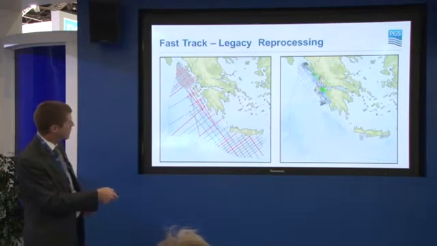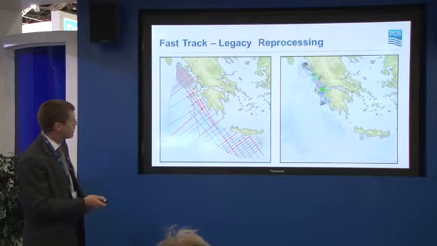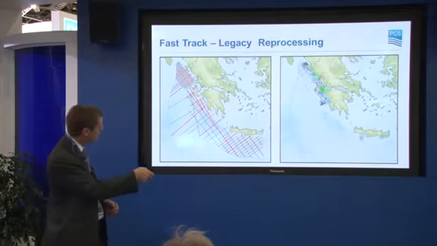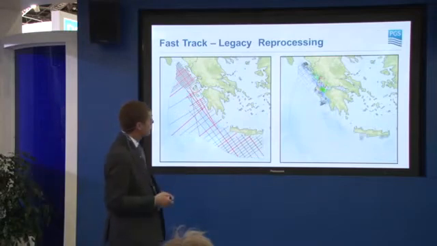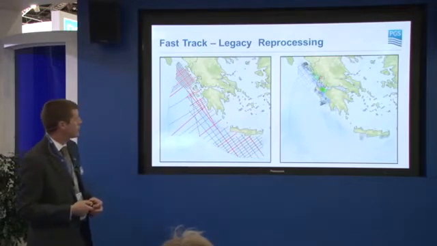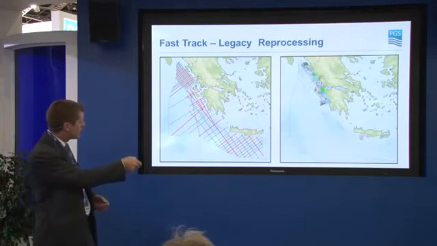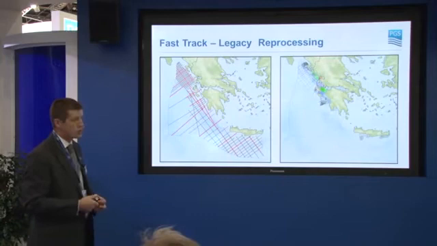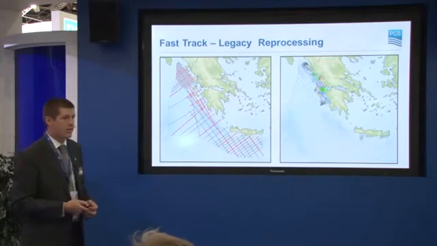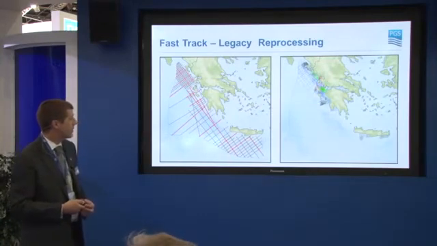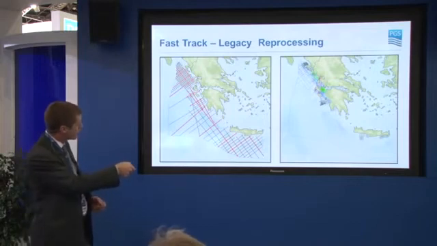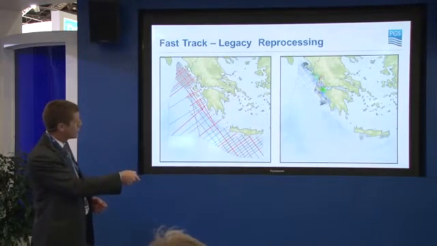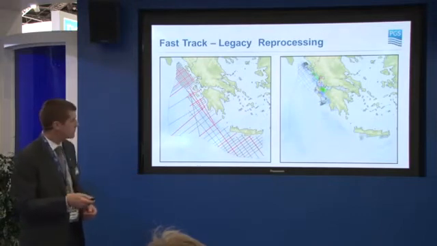On the right-hand side is a map of the existing legacy data, and the vintage of this is colored, and it runs from 1975 through 1985, and then some more recent 2000 data. It's all very short offset, short recording length, and most of it, as you can see, is imaged close to the coast in waters that could have been drilled at the time.